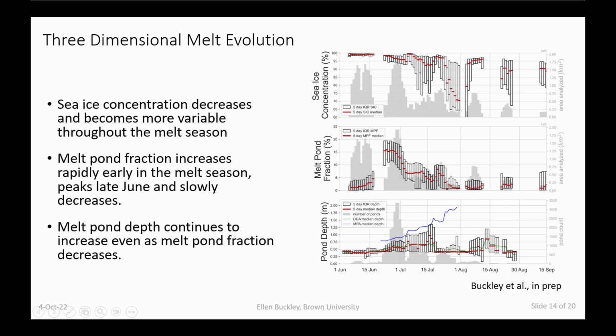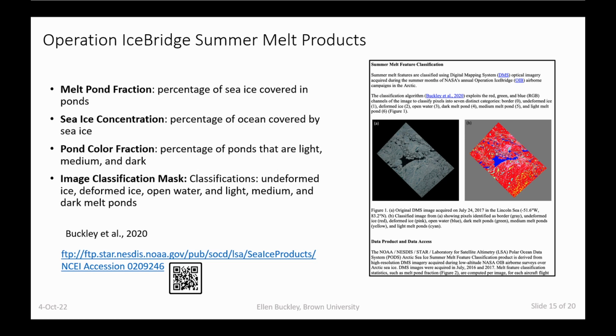Right, so in terms of the products that we've created, we did this with the Operation IceBridge imagery. These classification masks are available on our LSA website, Lab for Satellite Altimetry website, but also a long-term archive.